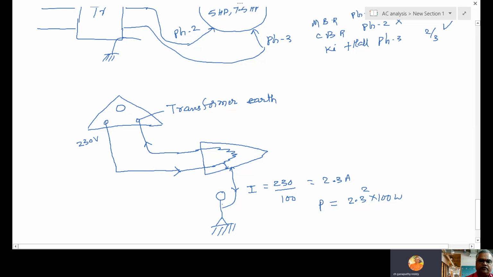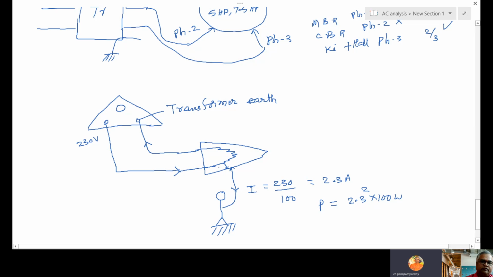Earlier blood was in liquid form, now it becomes solid. The heart is pumping blood, but blood cannot move, so you will die. So shock is because of heat, heat because of power, power because of current, and current because of voltage.